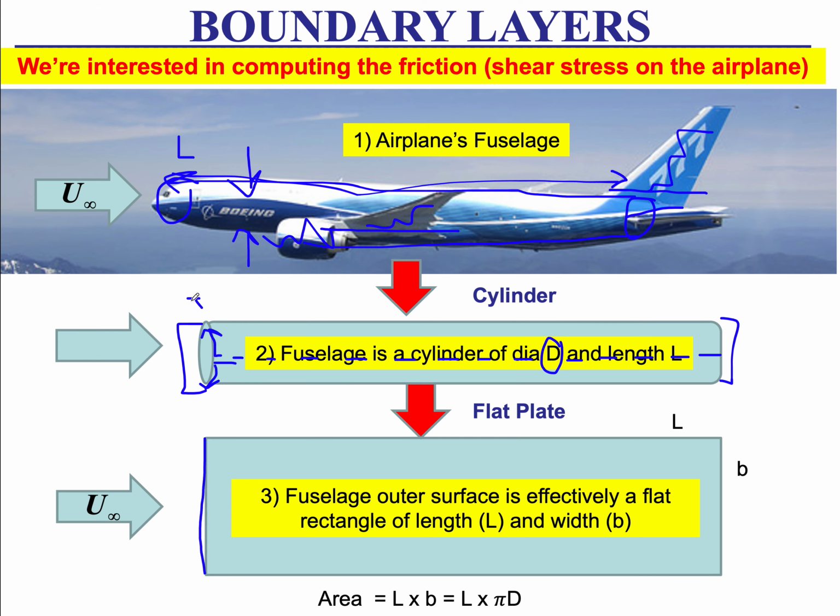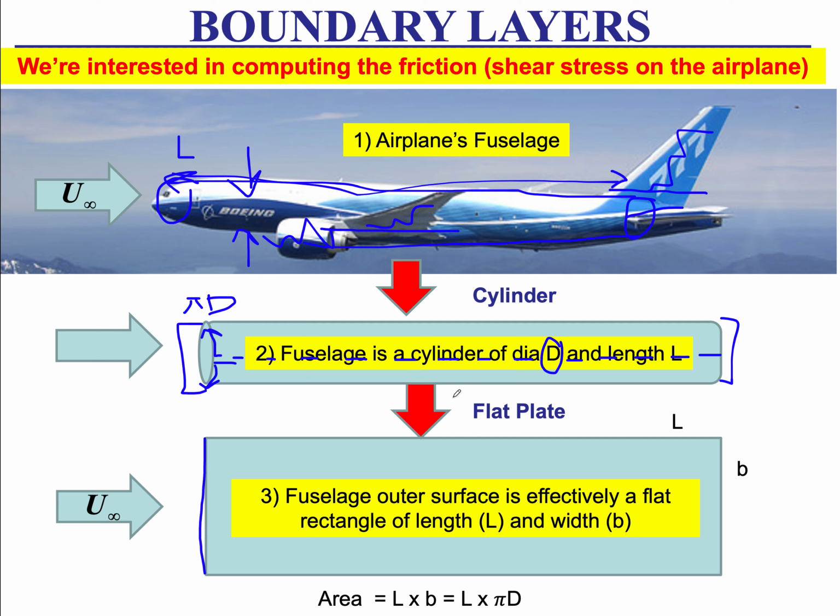So when I roll it out, I cut along with a scissor, I open it up, I get a flat plate, or a sheet of paper or cardboard, that is pi d in width and still the same length as the original cylinder I started with.